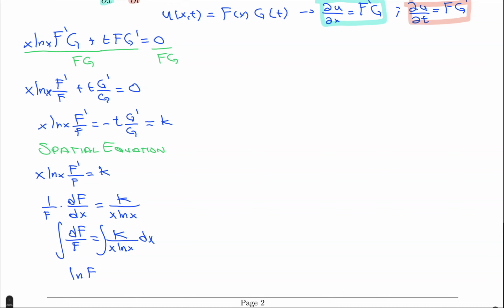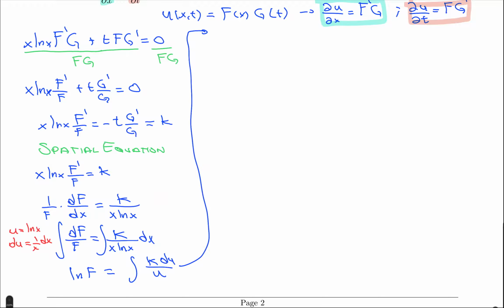Do you see it? Let me do that on the side right here. So u equals ln x, du equals 1 over x dx. So this will be dx over x, which is our du. So that equals the integral of k du over u. And let me continue up here, running out of space right there.